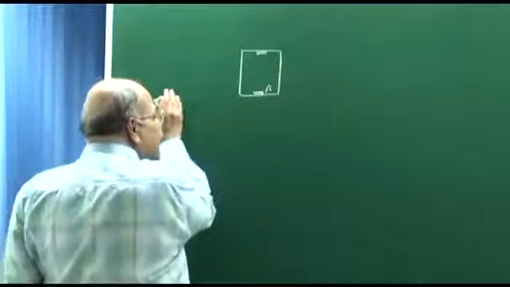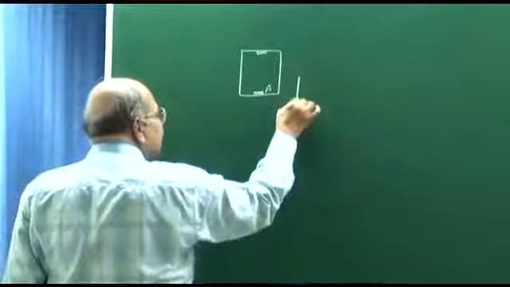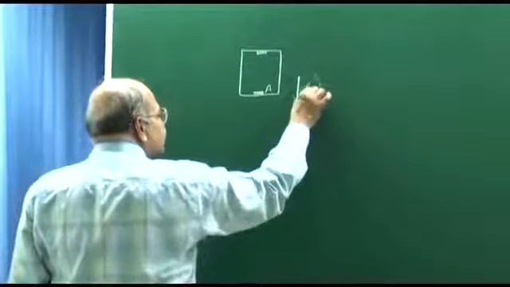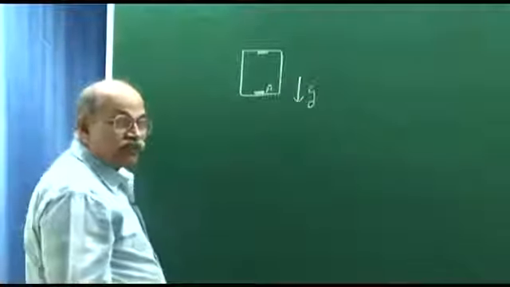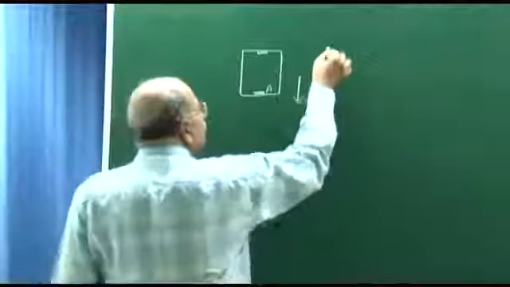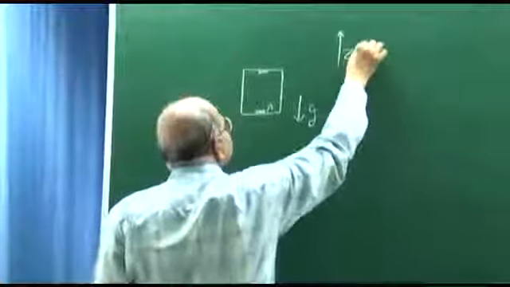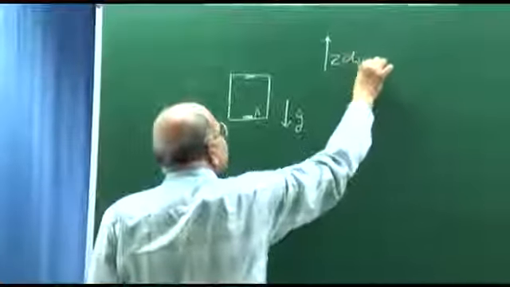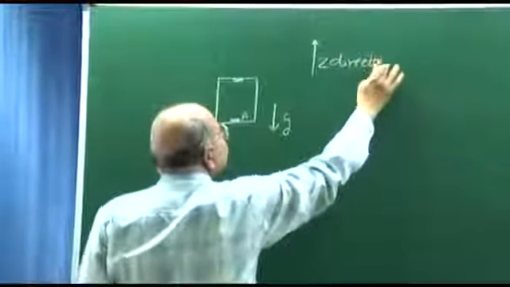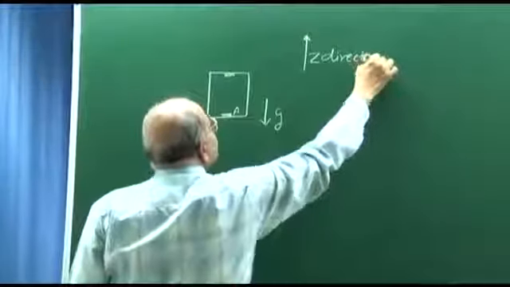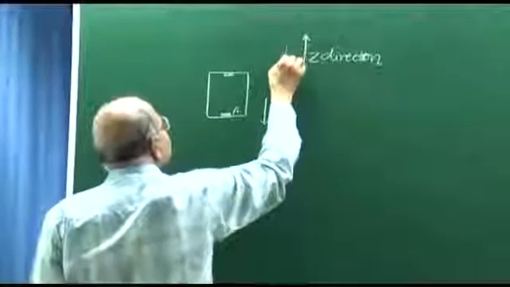So in the inertial frame, the box is going with an acceleration g. You can take the upward direction as the z direction, so that the unit vector in this direction will be written as k cap.